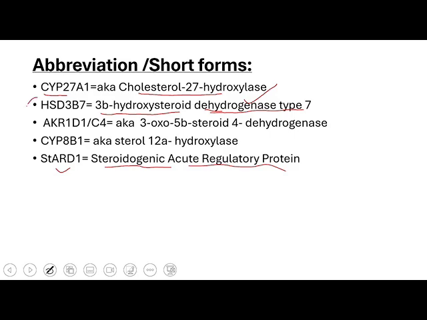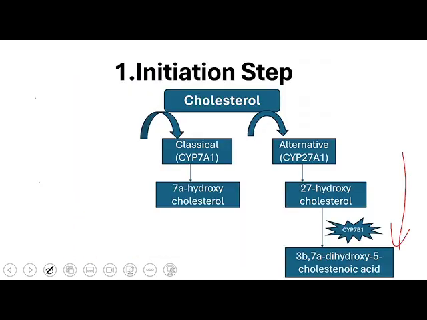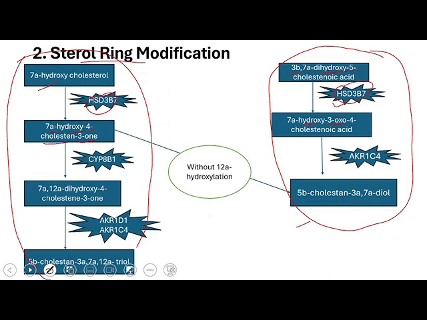This enzyme is present in the endoplasmic reticulum of the hepatocyte, and it leads to the conversion of the intermediate compounds of the bile acids to 7 alpha hydroxy 4 cholesten 3 one, and next is 7 alpha hydroxy 3 oxo 4 cholestenoic acid.